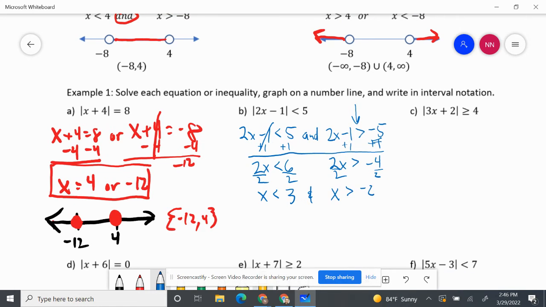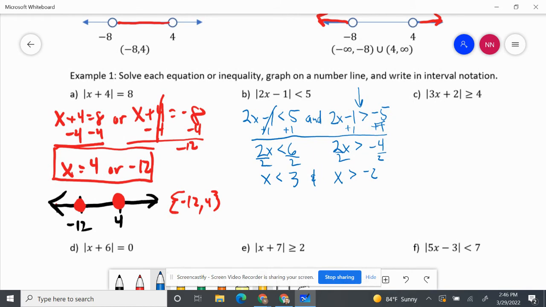Now, some people like to combine them into a compound inequality where they have x in the middle and x is greater than -2 and less than 3. You're welcome to do that. Or what you can do is just keep it how it is. Either one is a correct answer.